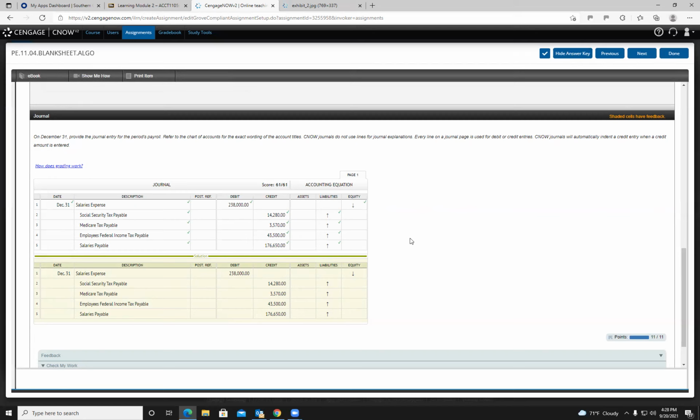So again, when you are recording the period's payroll, and this is what we're doing, we're journalizing that pay period's payroll. You always start out with salary expense. Salary expense is going to be equal to the gross pay of all your employees. Then you're going to record the Social Security, Medicare, and income tax withheld from your employees' paychecks.